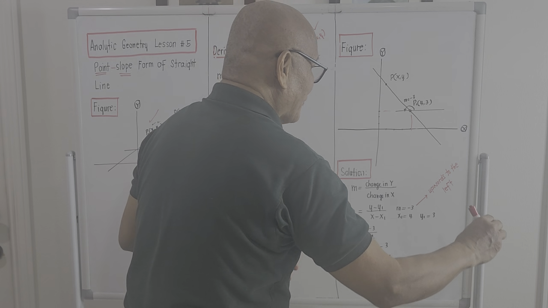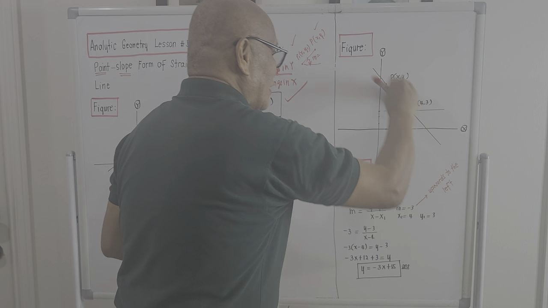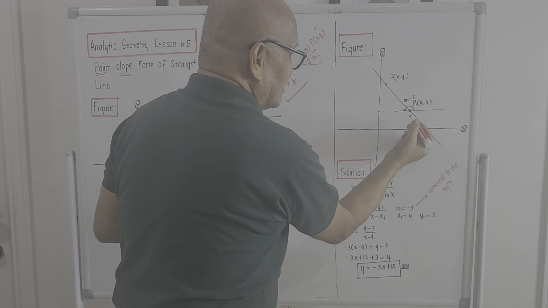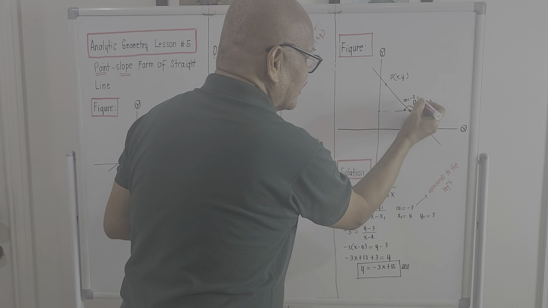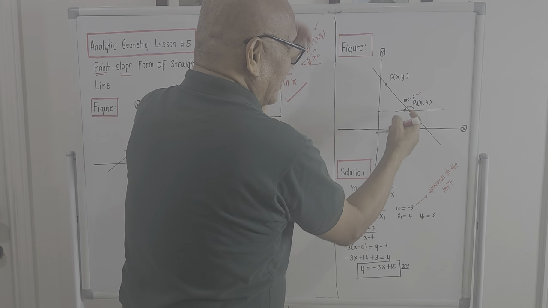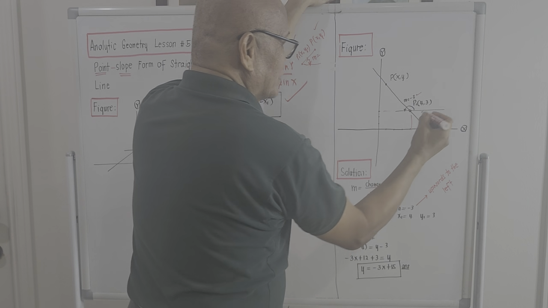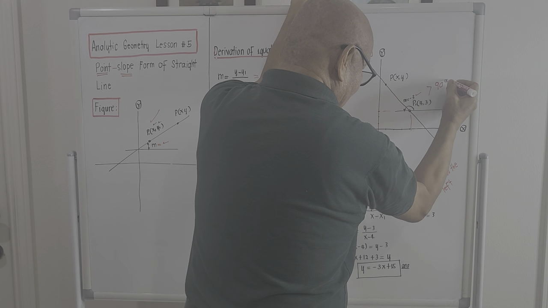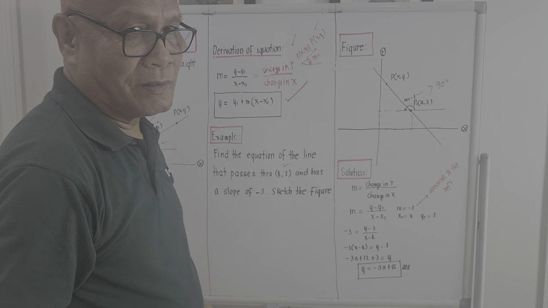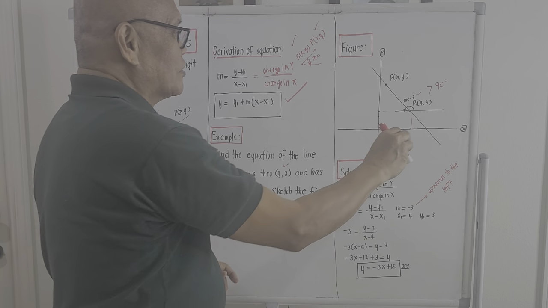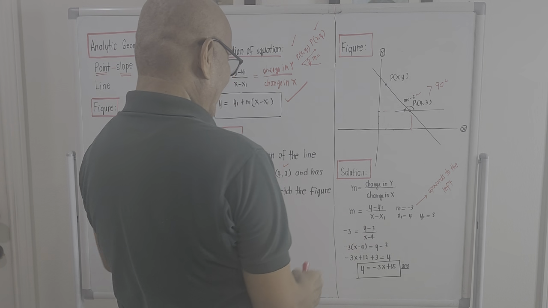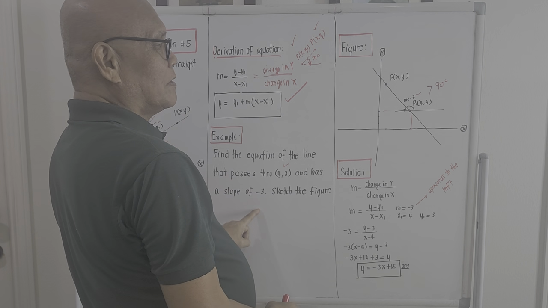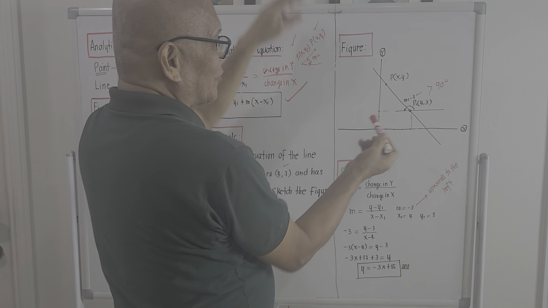upwards to the left. Okay, slope upwards to the left. So actually the slope of this one is -3, so this is greater than 90 degrees. It's an obtuse angle. It will slope upwards to the left because it's negative. Right? So this is the required straight line.